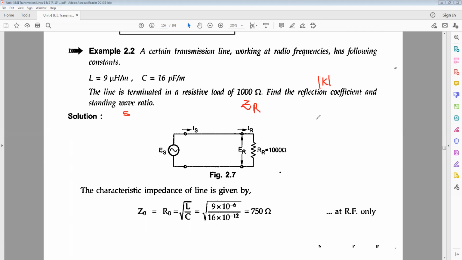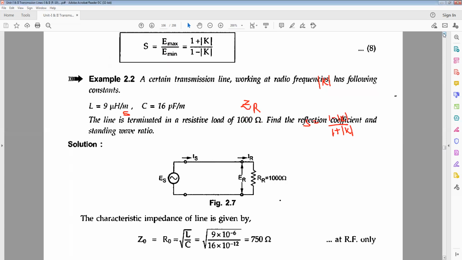The reflection coefficient is ZR minus Z naught by ZR plus Z naught. Otherwise, S is equal to 1 plus the magnitude of K divided by 1 minus the magnitude of K, the reflection coefficient. Okay.